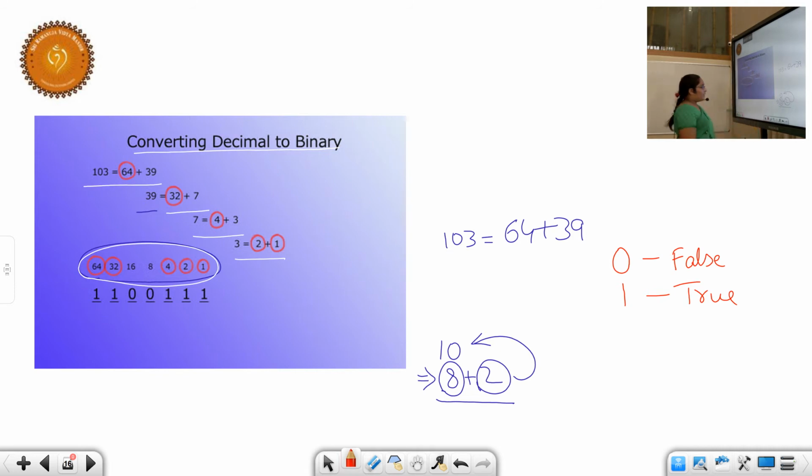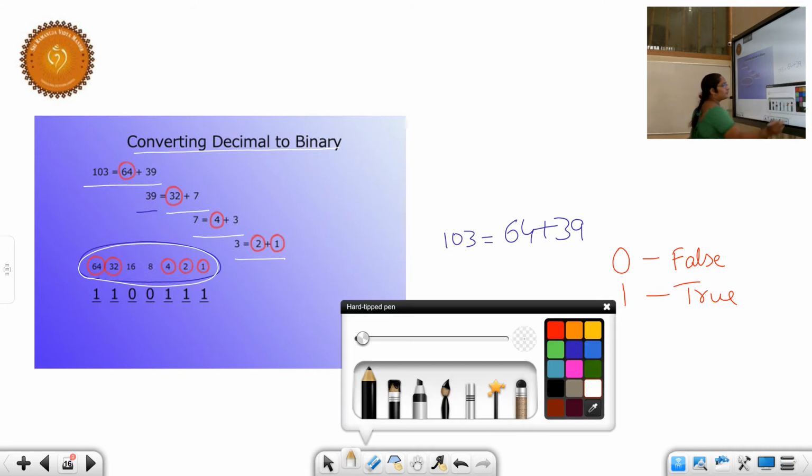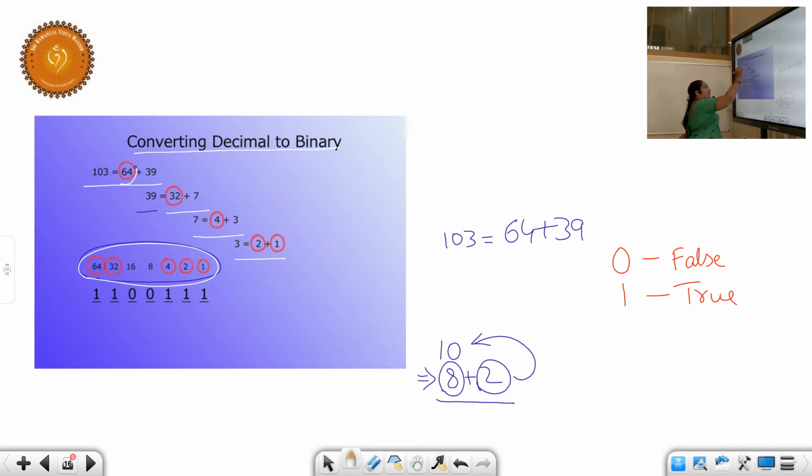In the same way, we are containing 64 here, so it is represented as 1. And 32, 1. We are not having the 16 digit, so it is represented as 0. And 8, no. So it is represented as 0.